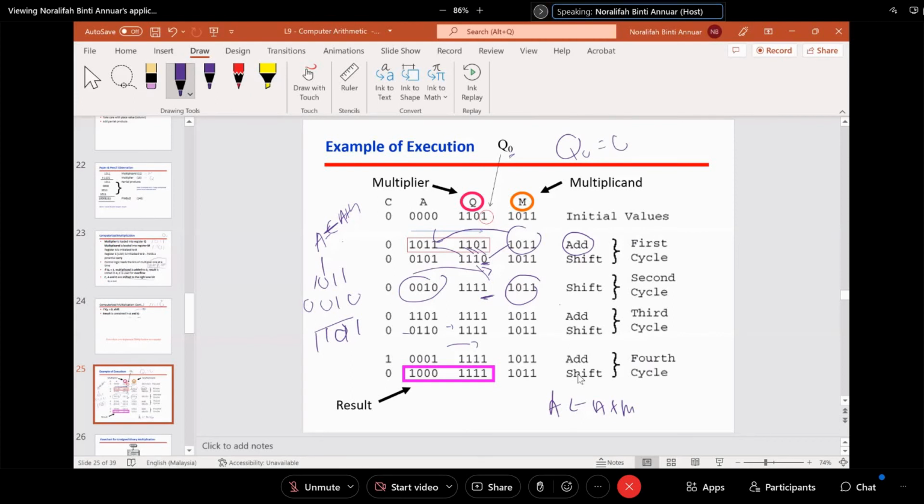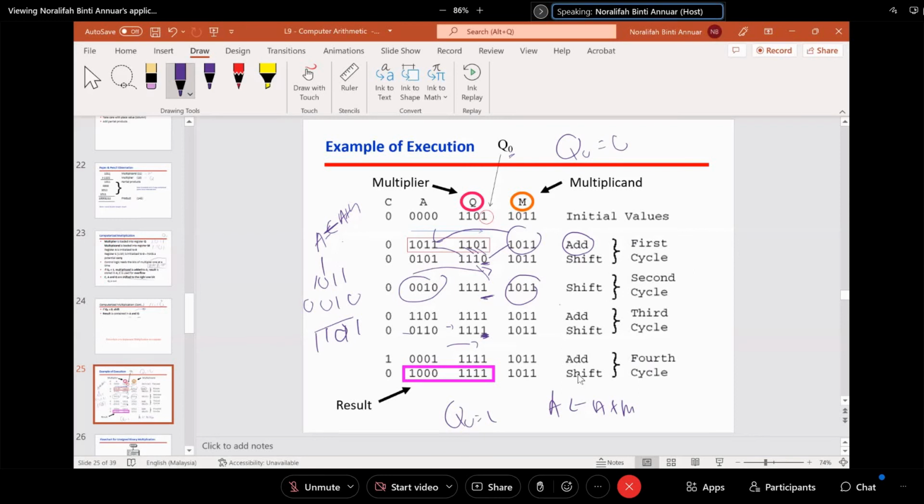The fourth cycle: you look at Q. Q at position 0 will determine the operation. Q0 equals 1, the latest bit is 1. So you need to do the addition operation.